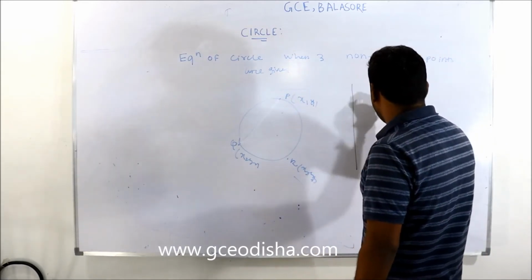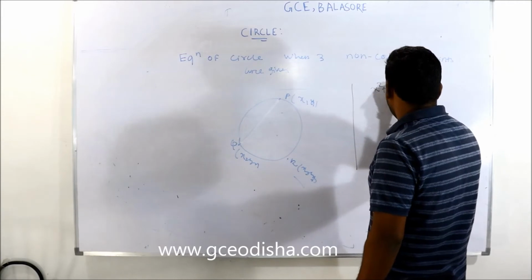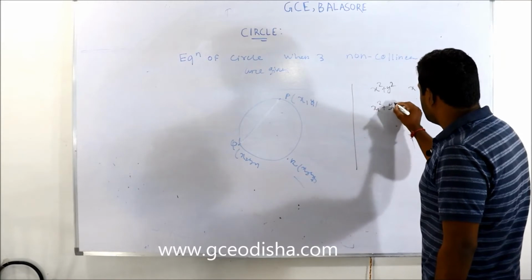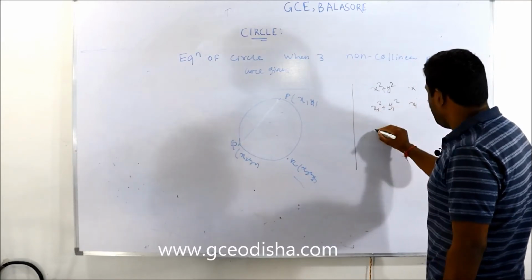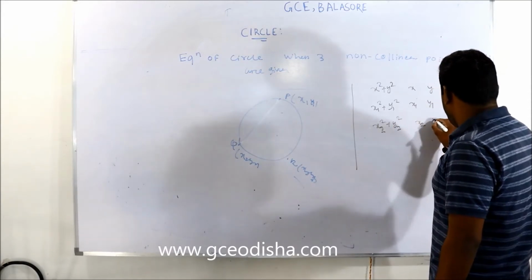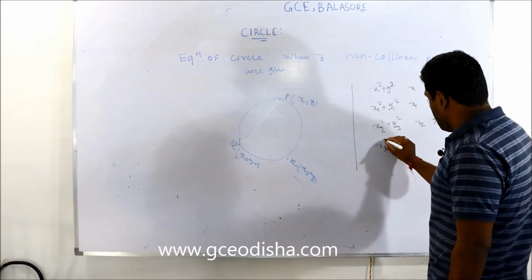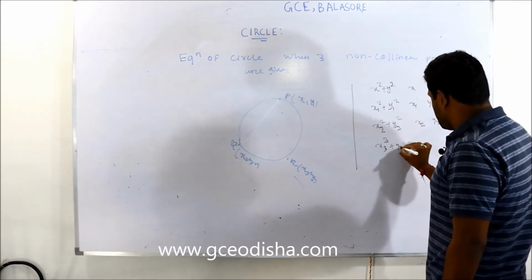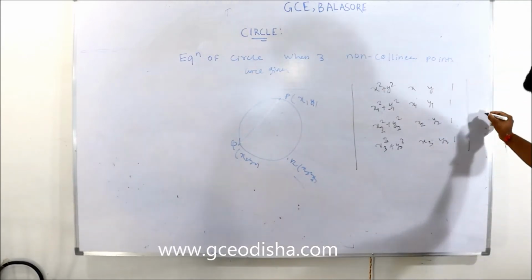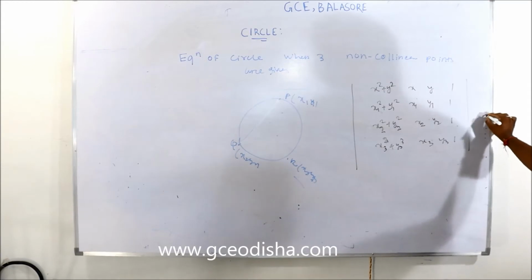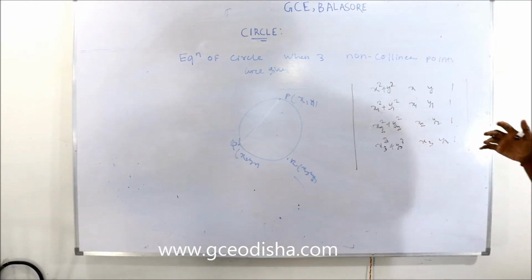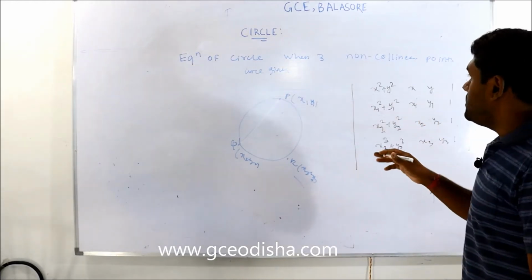Then just find the determinant: x square plus y square, x, y, 1; x1 square plus y1 square, x1, y1, 1; x2 square plus y2 square, x2, y2, 1; and x3 square plus y3 square, x3, y3, 1. Just find the determinant, this is equal to 0. You can find the equation of a circle when 3 non-collinear points are given. Okay.